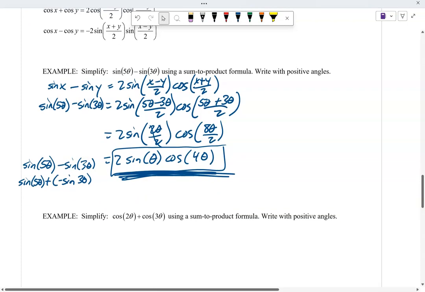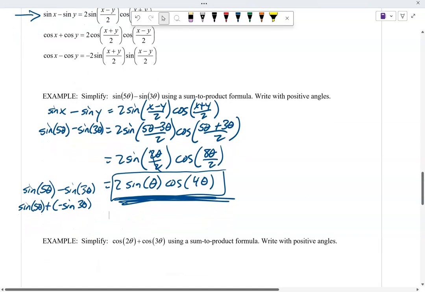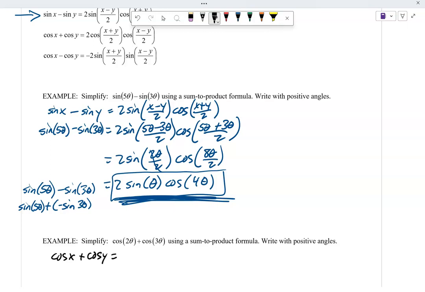All right, let's do this next one. We got cosine of 2 theta plus cosine of 3 theta. Now, I'm going to use cosine x plus cosine y, 2 cosine of (x plus y) over 2 times cosine of (x minus y) over 2.